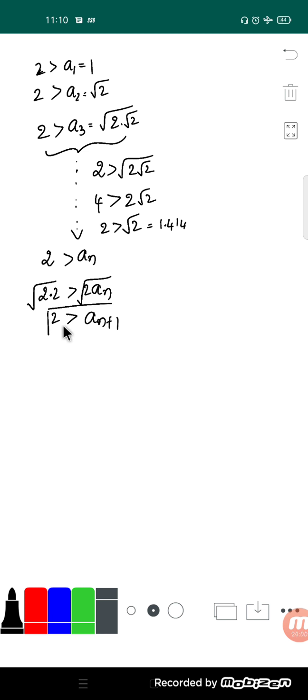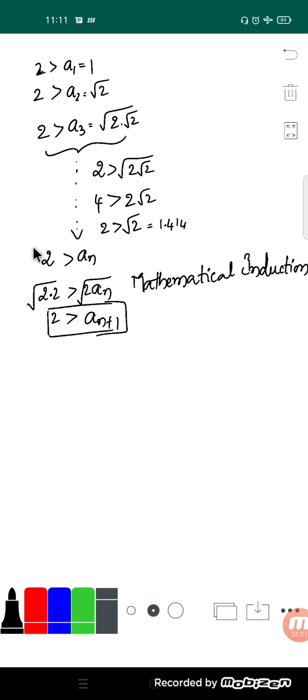So this holds by mathematical induction. What does this mean?